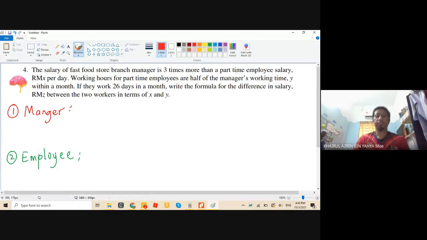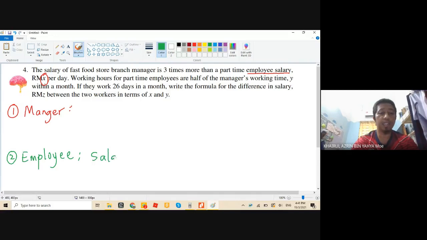Next, it says the salary of the fast food store manager is 3 times more than a part-time employee's salary, RMX per day. So RMX is for the employee salary.